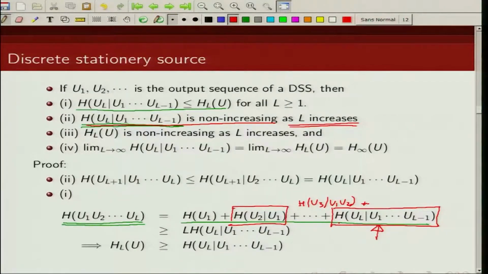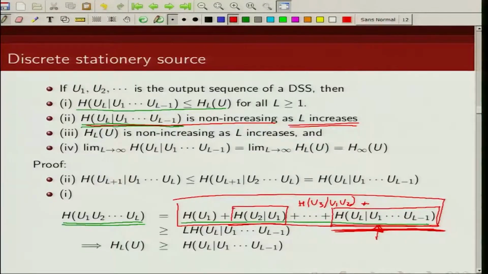So among all these terms, this term will be the smallest, and there are L such terms. So this summation can be lower bounded by L times this particular term. That is what we are writing here: this joint entropy is greater than or equal to L times the uncertainty in U_L given U_1, U_2, ..., U_{L-1}. This we obtain from the chain rule and by applying this property.